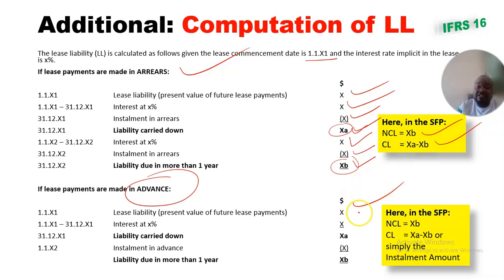So this is why on this table you're not seeing the annual installment in the first year. All right, that one has been understood. Then after you have adjusted your annual payment to the lease liability, you then subject it to the interest charge, which will give you the closing balance for that year.